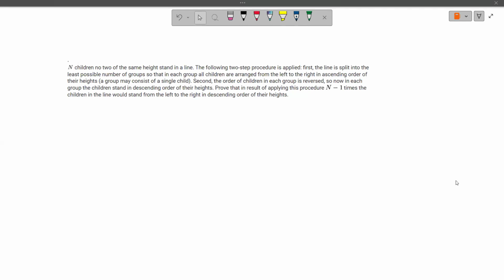Try this problem. Any ideas you get, feel free to speak out. I'm pretty sure this is some binary sorting thing. You're sorting them, and dividing them into groups.